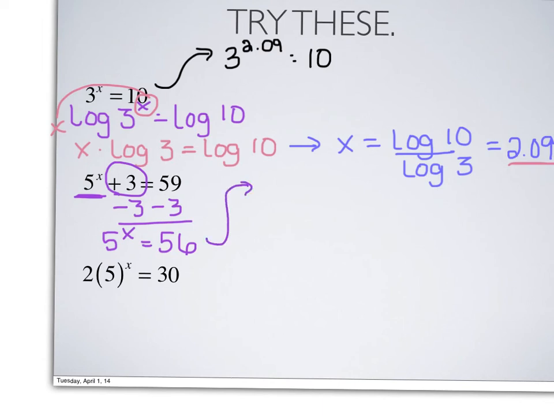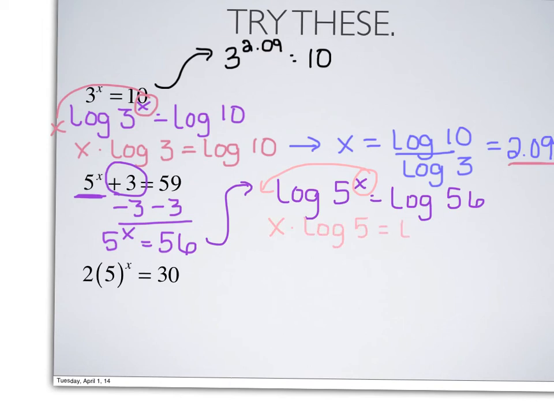So moving up here, now this would say log of 5 to the x equals log 56. Okay. Let's slide the x down in front because it's an exponent. Make this x times log 5 equals log 56.